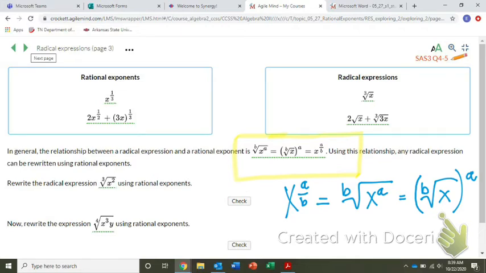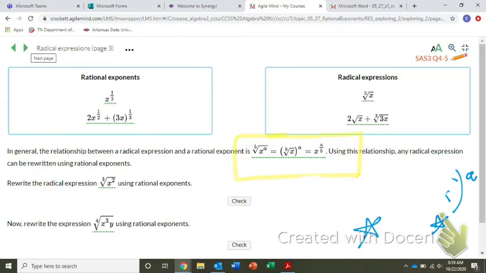I personally use this one when I'm changing. However, this is the same thing. The only thing different about it is the set of parentheses is around that radical, and you raise it to the power. So if you notice in the first one, the power is with the x underneath the radical right here. And on the second one, the power is outside with parentheses. Okay? Same thing. Just know how to change it. And we did that today, or yesterday and today.